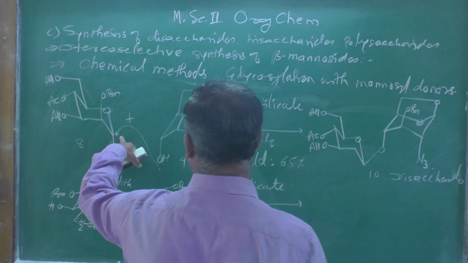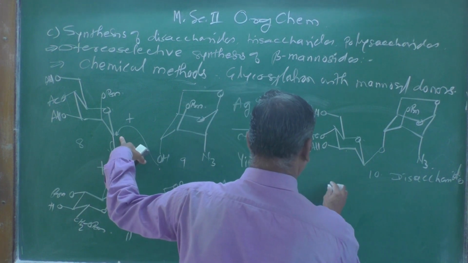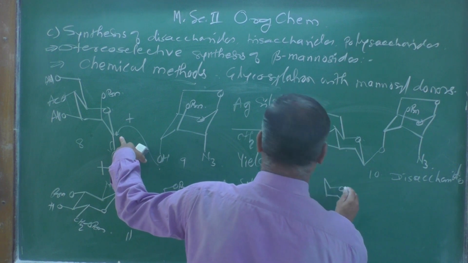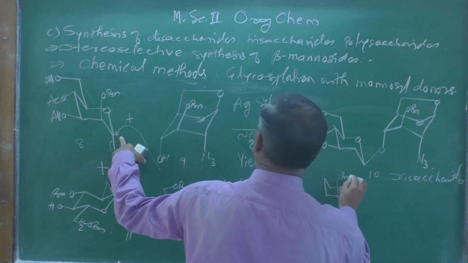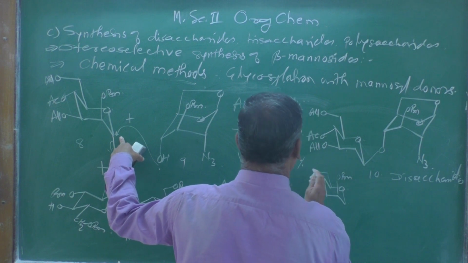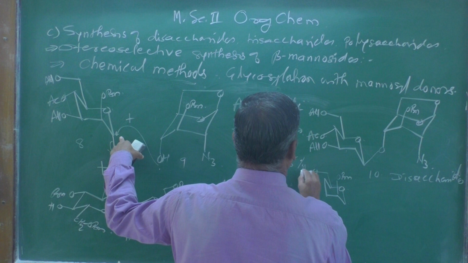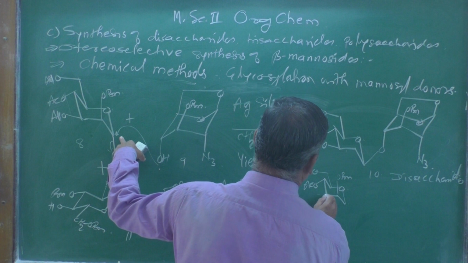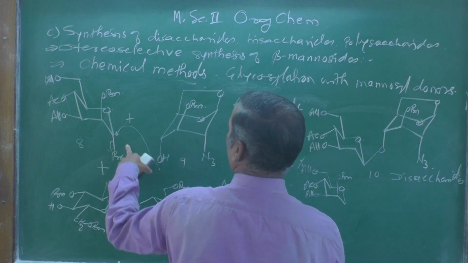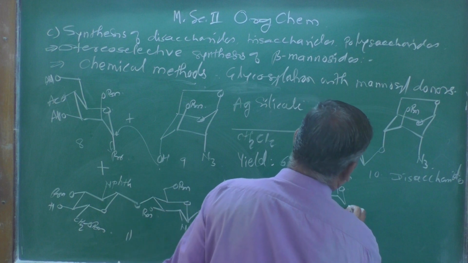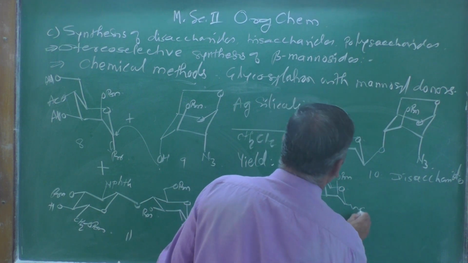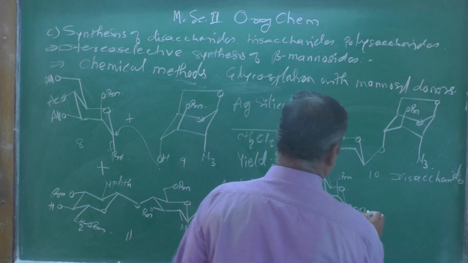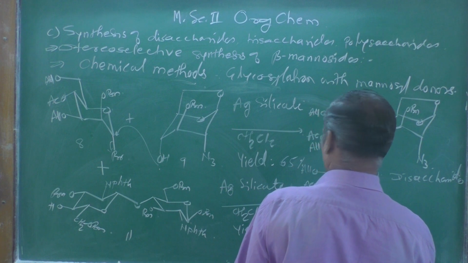And the trisaccharide, generally the compound which we got over here, is this one. There is an OBN. The rest of the thing we can write as it is: OAll, then OAc, then OAll, then this is not assigned at all, an oxygen atom, and then this oxygen, so we can join over here.